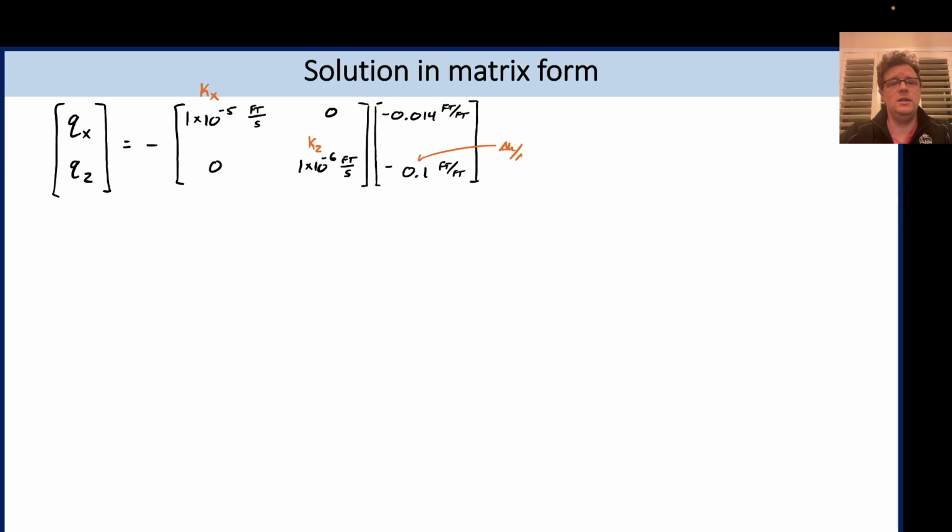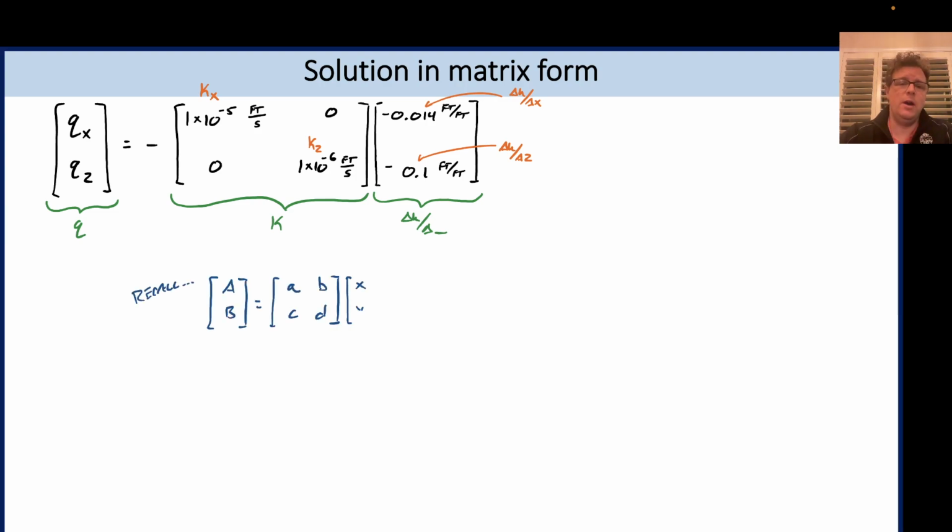So just to be explicit about it here, kx and kz, you can see I've labeled in orange, and dH dx on top, dH dz on the bottom. So q's equal minus k's times hydraulic gradients, dH d blank. And I'm using a blank there because the top one is the x direction and the bottom is the z.